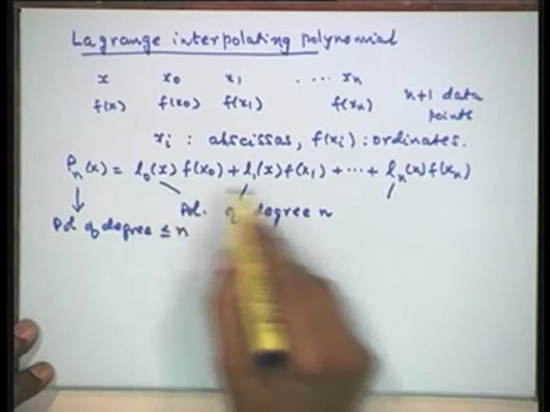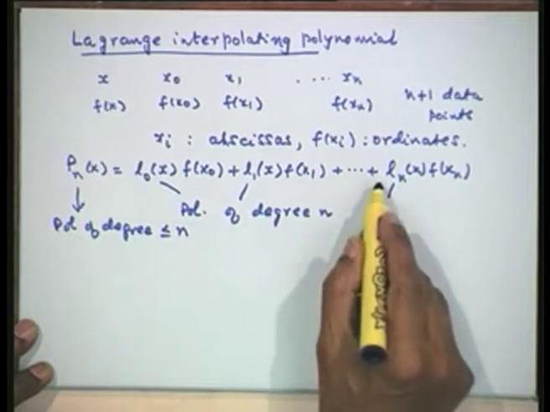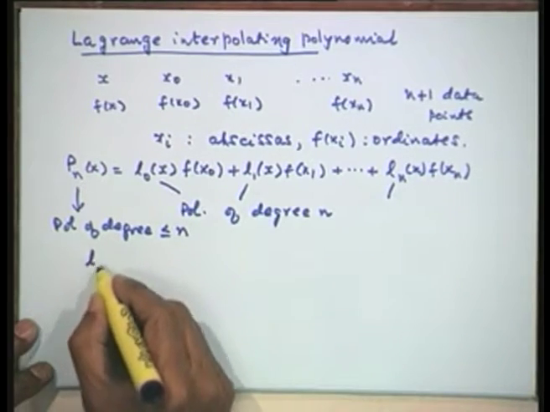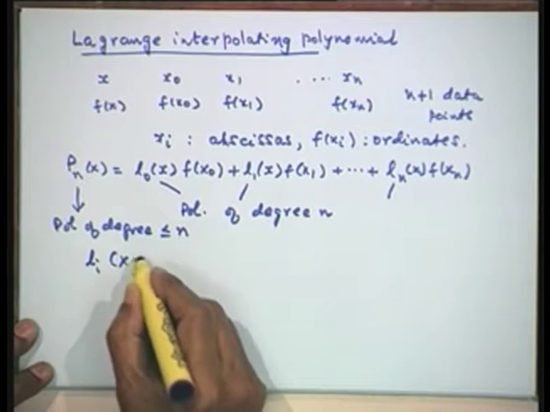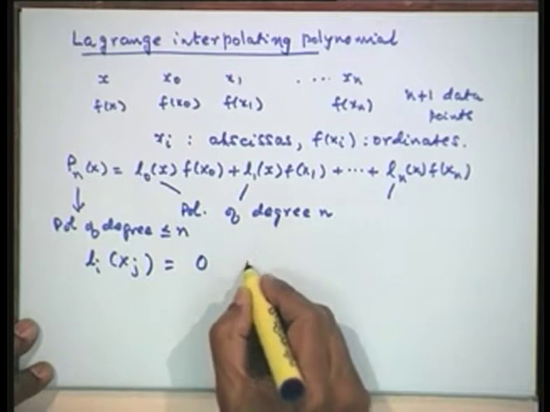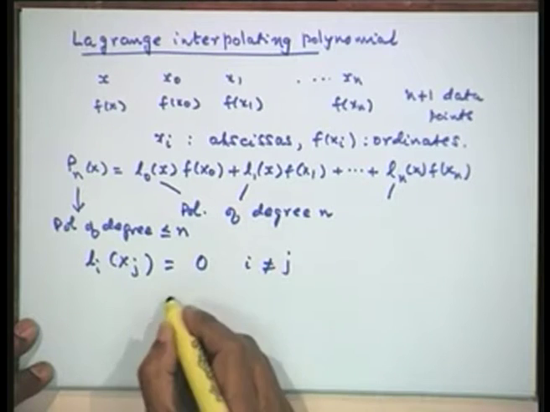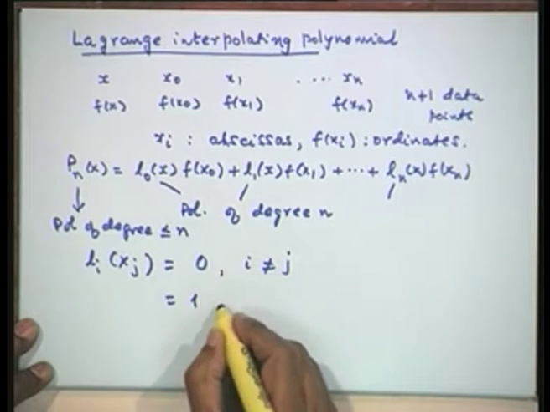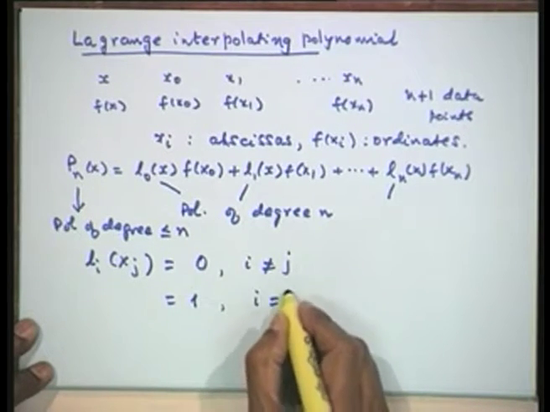Now, then we have shown that these polynomials Li(x) should satisfy the condition Li(xj) is equal to 0 for i not equal to j, and this should be equal to 1 for i equal to j.